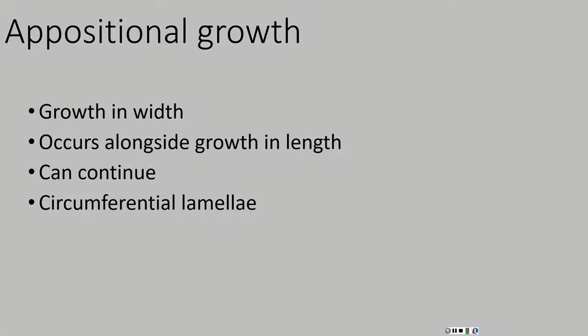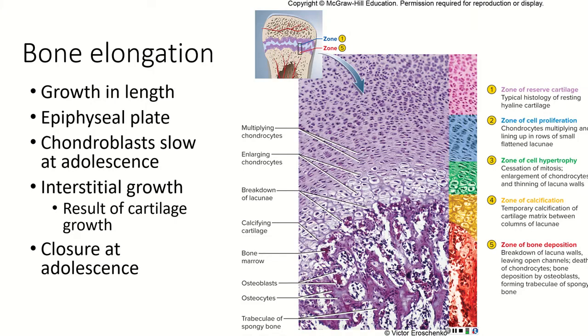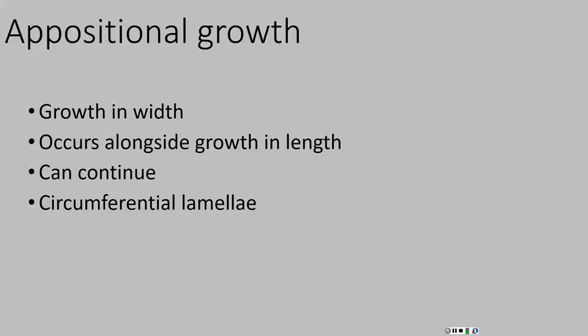So what we just saw was called interstitial growth. And interstitial growth, I mean, really, it's cartilage growth. That's what is causing that extra bone. But there is also something called appositional growth. And appositional growth is, instead of growth in length, it's going to be growth in width.